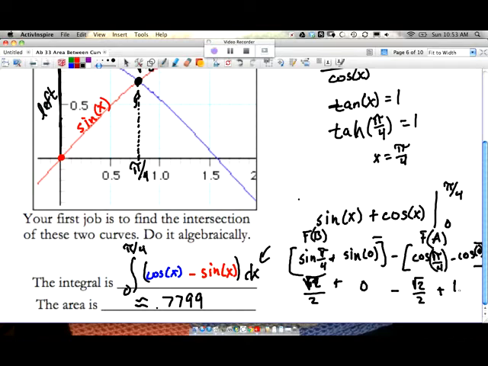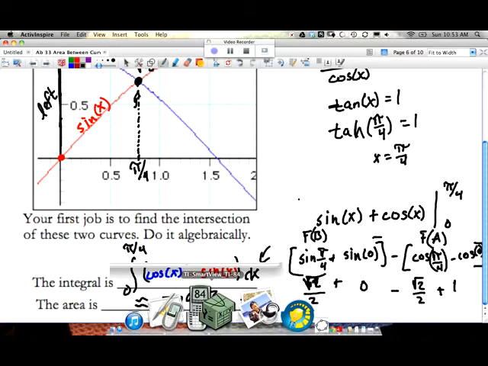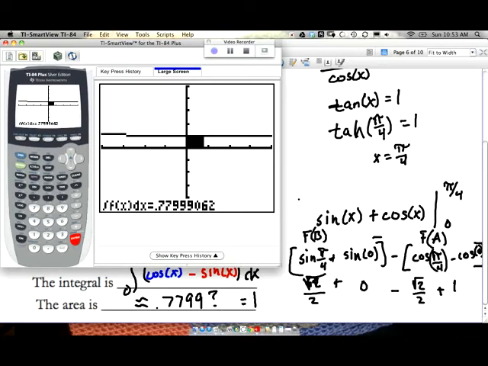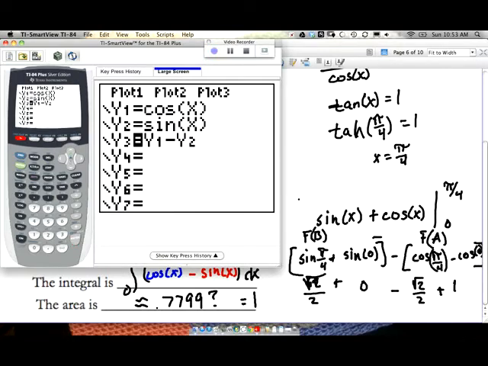Now I'm seeing that this actually equals 1, so this right here is a puzzle. Maybe the calculation is slightly off. So I need to go back and just double check this. We're going from 0 to pi over 4, and it says 0.7799. Let's take a look at our pieces. We got cosine of x, sine of x, y1 minus y2.